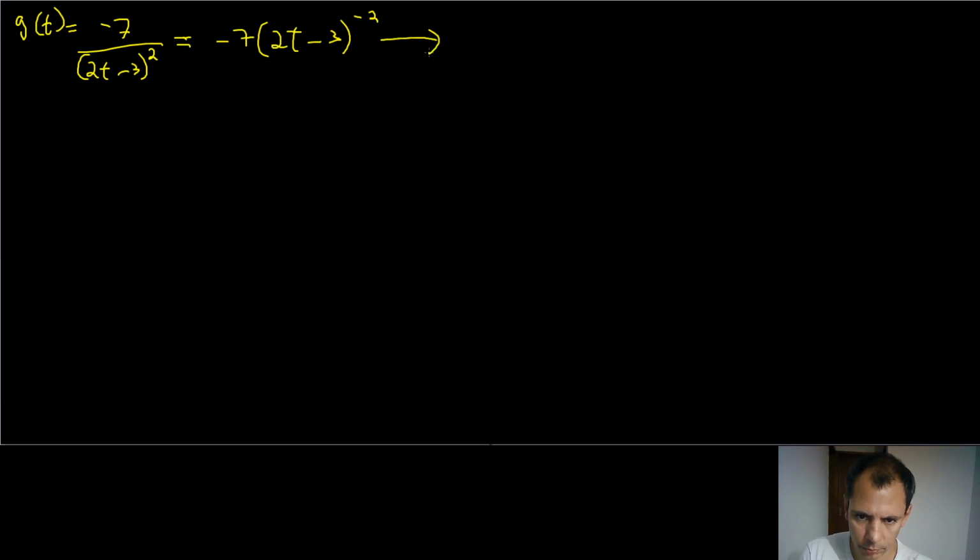Oh yeah, g is a function of t, so we're differentiating all this stuff with respect to t. Okay, so it's just going to be 14 times 2t minus 3 to the minus 3, and then you want to multiply by the derivative of the inside function, which is 2, so that makes this 28.